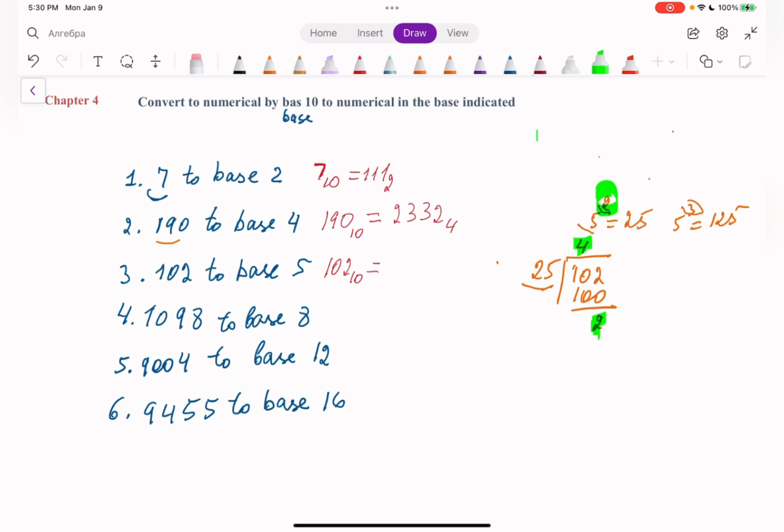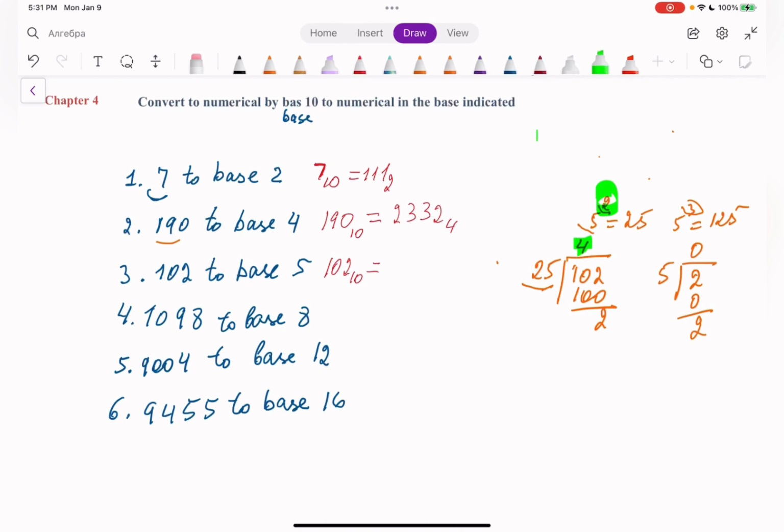So what I'm going to do, take this 2 and divide by 5, which is going to give you 0. So 0 times 5 is 0, remainder is 2. Which means every time you have fewer digits than there are supposed to be, you are adding a 0 there.